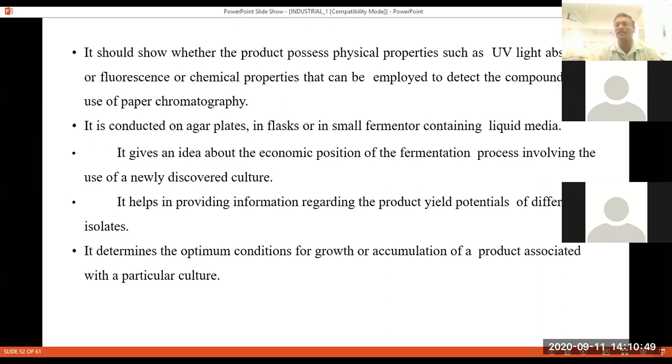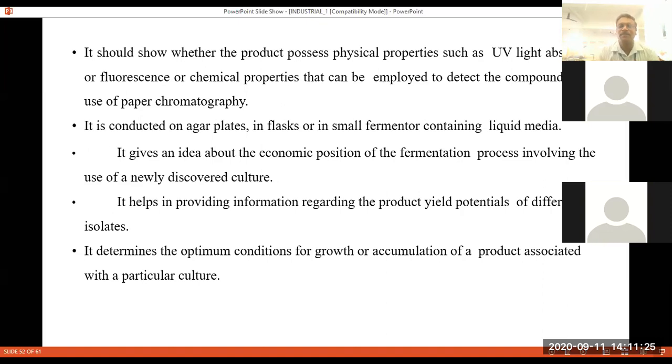If you patent it, no one can use this culture without your permission. And in future, if you transfer your technology to pharmaceutical industries, they give royalty in crores. I'm using the word, but it requires 10 years, 20 years, 35 years of continuous research on a single species.